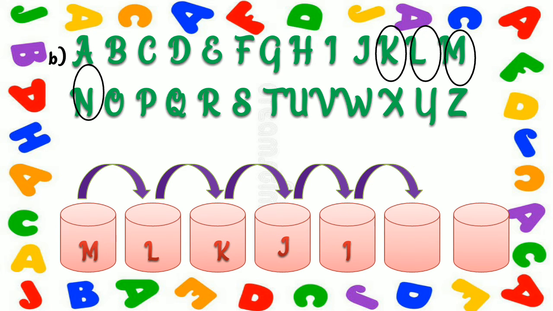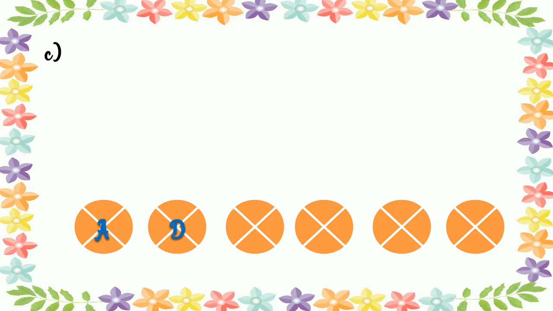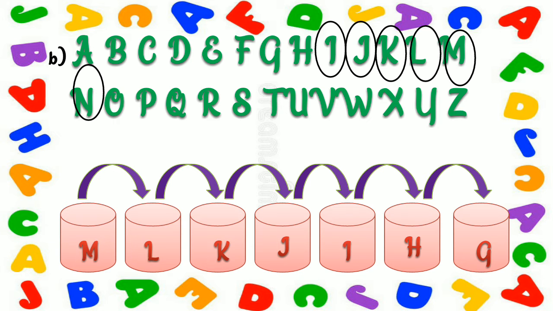It's H. So here we see H. So here we write H. So this is the continue-the-series. Then which is the next letter? It's G. So here we write G. G is the next letter to continue the series.